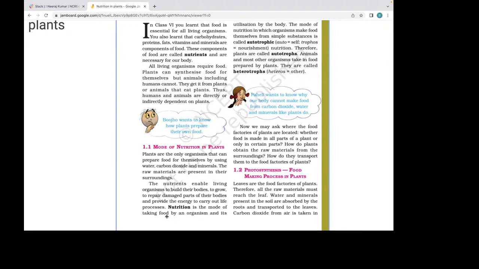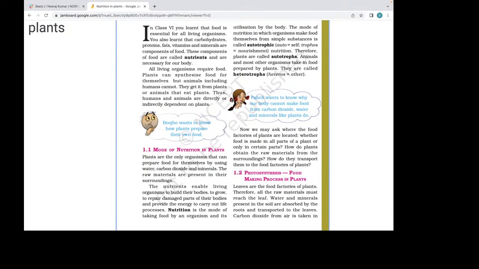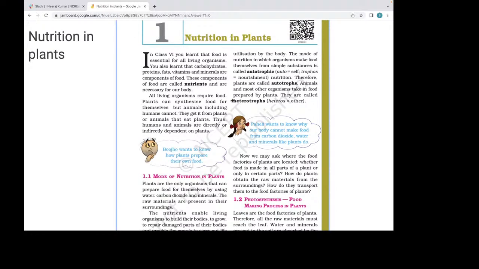So nutrition is the mode of taking food by an organism and its utilization by the body. So the process of taking food by an organism, and how we utilize it, is called nutrition.